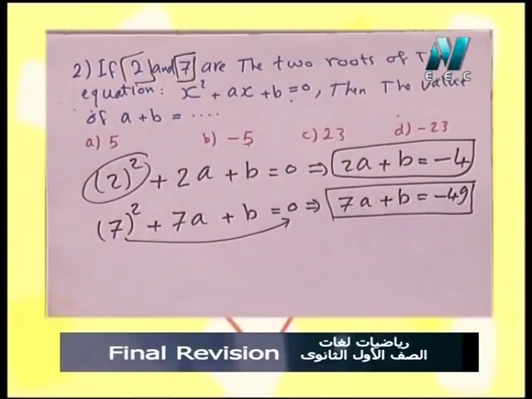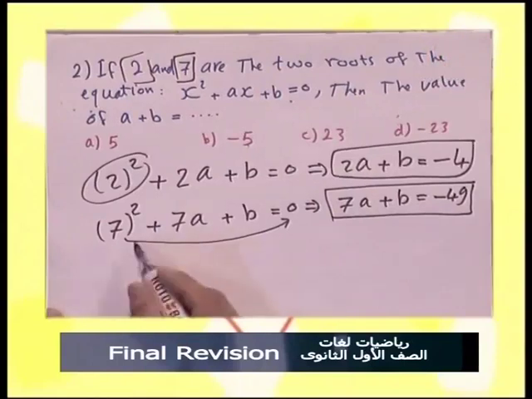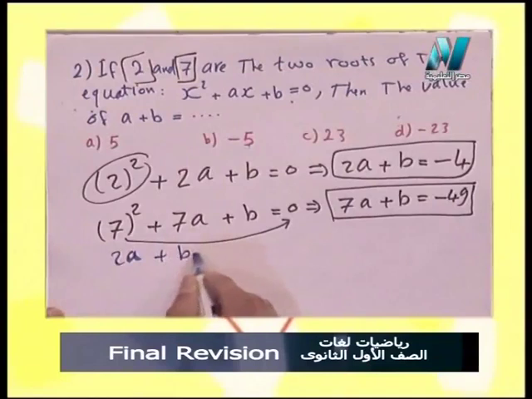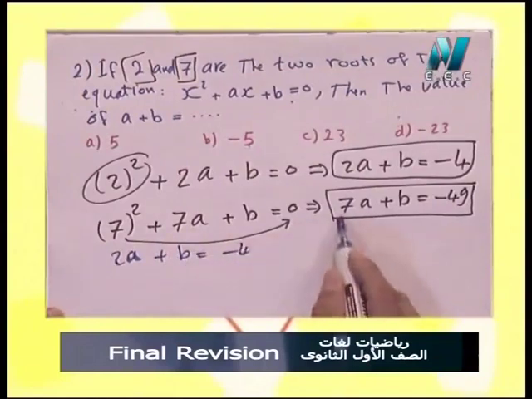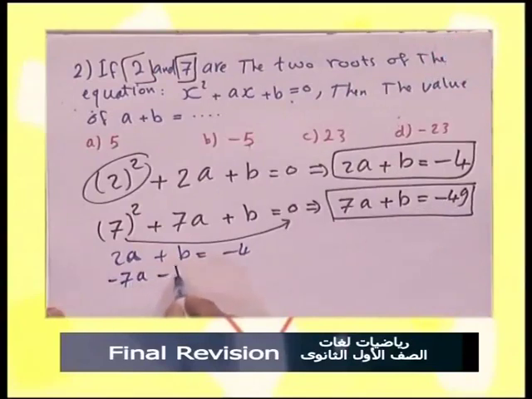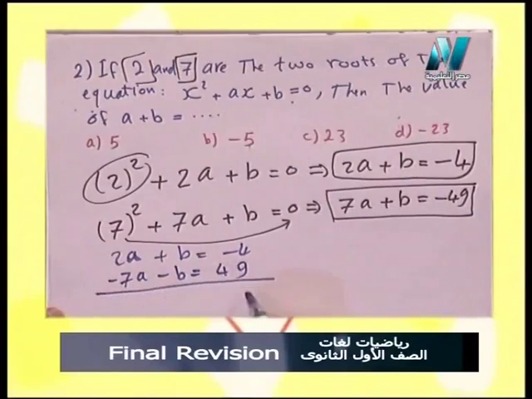We have the first equation here, 2a plus b equals negative 4. Negative 1 times the second one equals negative 7a minus b equals positive 49. And then by adding, 2a minus 7a equals negative 5a. And you will cancel positive b with negative b, and this is the reason.